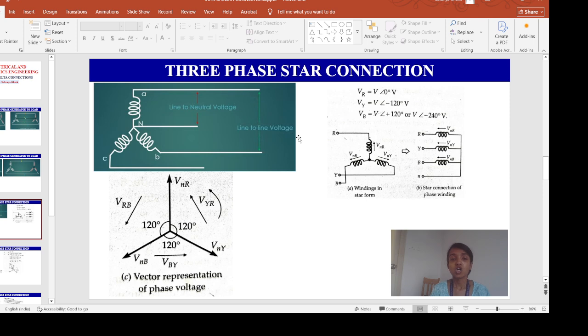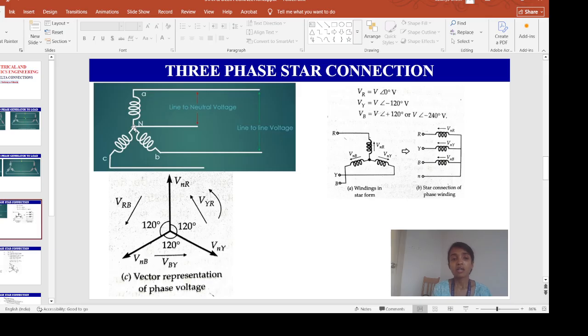Next, this is my generator side, as I told. So this is a 3-phase network. If you carefully observe this network, it looks like a star connection. It looks like the Greek letter Y or the star connection. And this is the common neutral point.